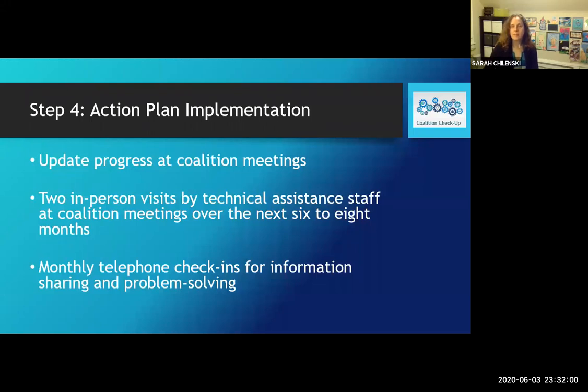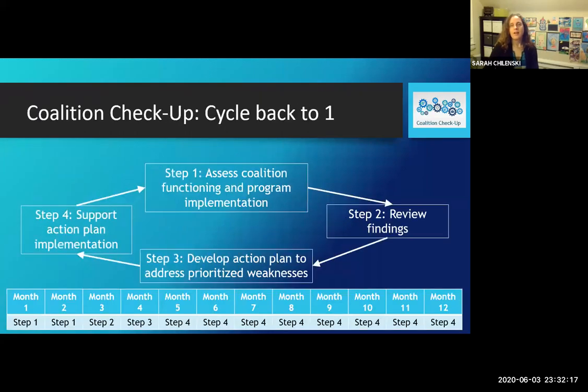The technical assistance provider will also organize 2 in-person trips to check in with the full coalition at 2 meetings. Of course, those meetings may also be web-based instead of in person. That then completes the cycle, and it starts all over again about 1 year later with that data collection again.